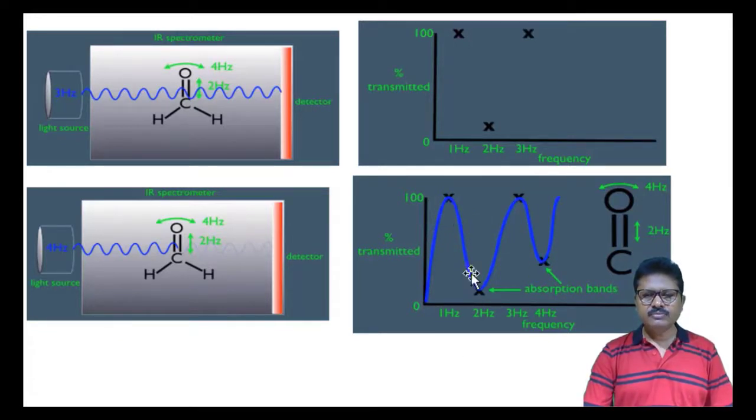So from this graph we can identify a particular frequency at which there was an absorption, and a particular frequency at which there was another absorption. From this frequency to this frequency, this is the absorption band. So we got a particular absorption band, and from this data one can identify which type of structure or which type of functional groups are there in the unknown sample.